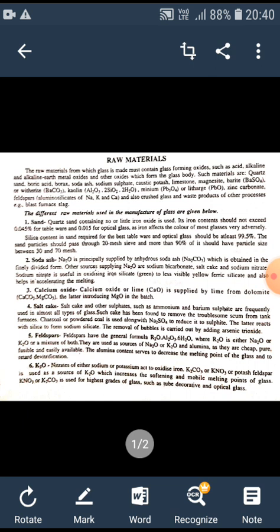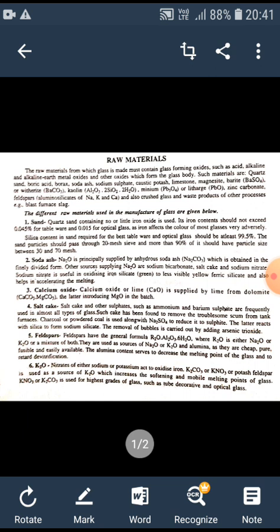Calcium oxide, also known as lime, that is CaO, is supplied by lime from dolomite, that is calcium carbonate and magnesium carbonate, the latter introducing magnesium oxide in the batch. Salt cake is another important raw material used in the manufacture of glass.